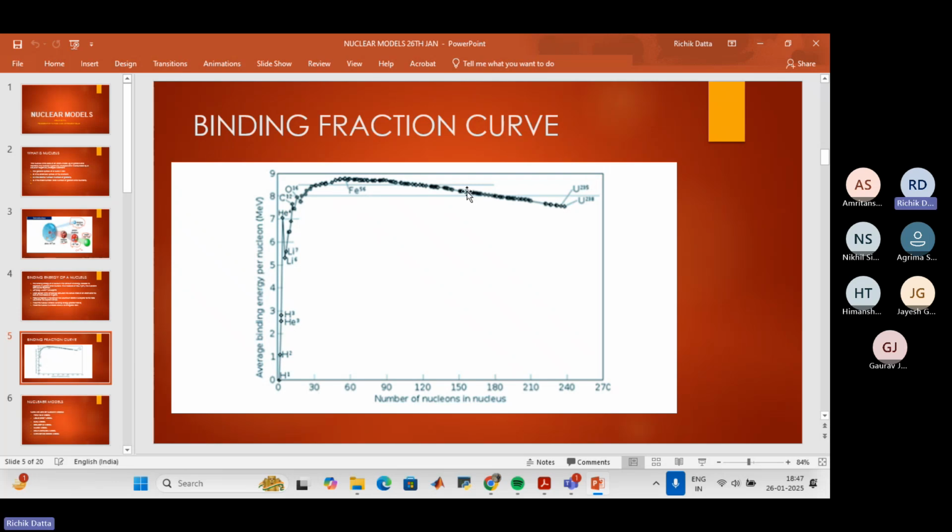For uranium, the heavier isotopes, which has radioactive uses, and we can use nuclear power reactors to generate electricity, the binding energy becomes 7.6 mega electron volt. So this is the significance of the binding energy curve.